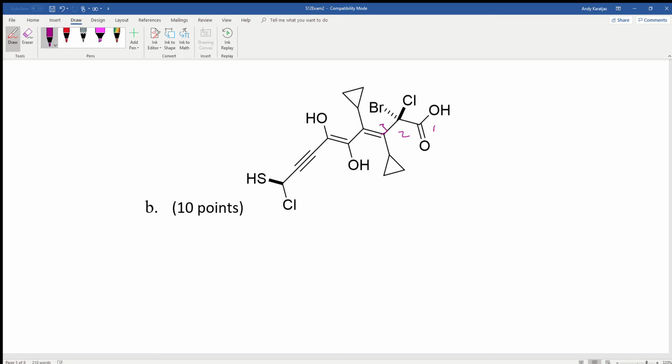And we can see fairly easily that we're going to be numbering it in this direction. So in total we have a 9 carbon molecule, and so we know this is going to be some sort of derivative of nonanoic acid.